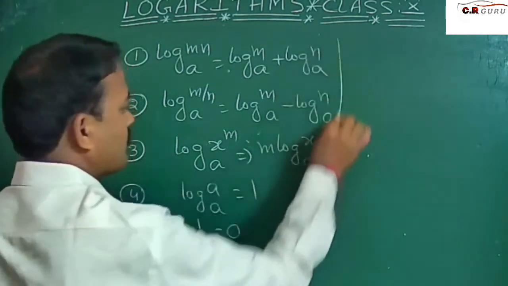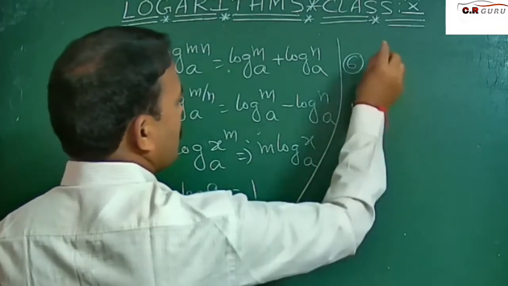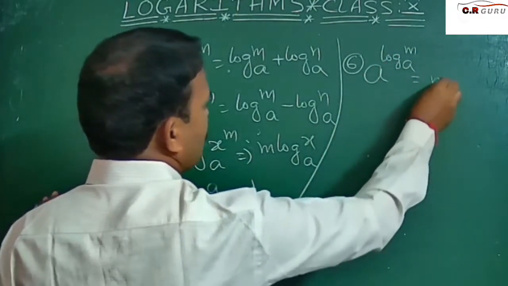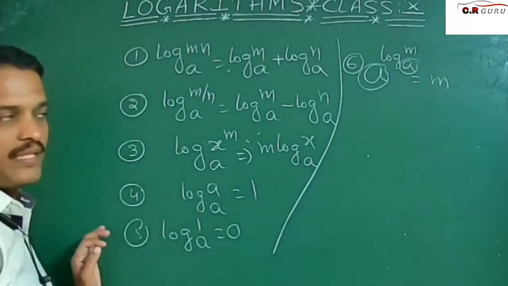Similarly, the sixth one is a to the power of log m base A is equal to m. Here both the bases are equal, so the value will become m.